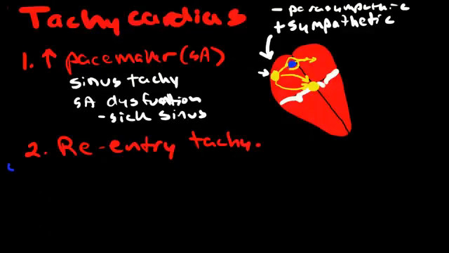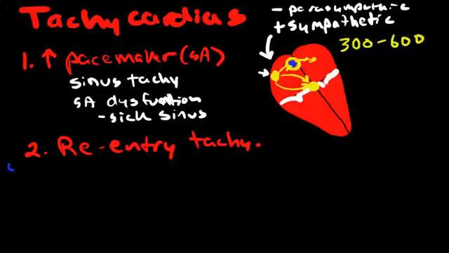However, there's sort of tissue around it that has not been depolarized. So what you're going to end up with is sort of this circuit, and as this travels backwards, this tissue here will have time to repolarize, and you'll end up with this circuit where you have depolarization and repolarization happening very, very quickly, and this can happen 300 to 600 times per minute.